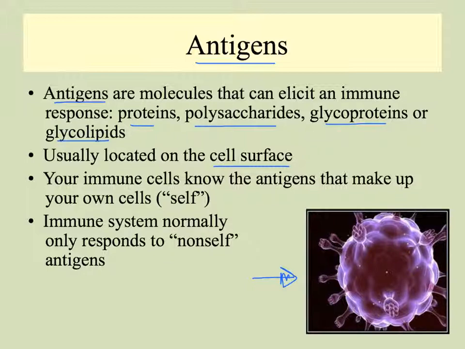And so your own body, somehow before you were born, keeps a running inventory of what all your cells look like. And so your immune cells, your B cells and your T cells and your macrophages and all, know what cells are self, what cells belong to you. And so as a response, your body then will only look for those things that are not you, that are non-self.